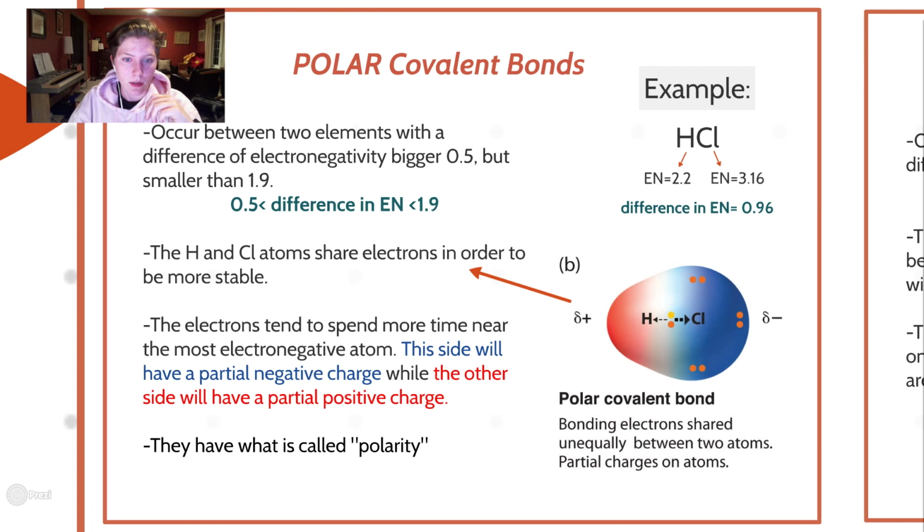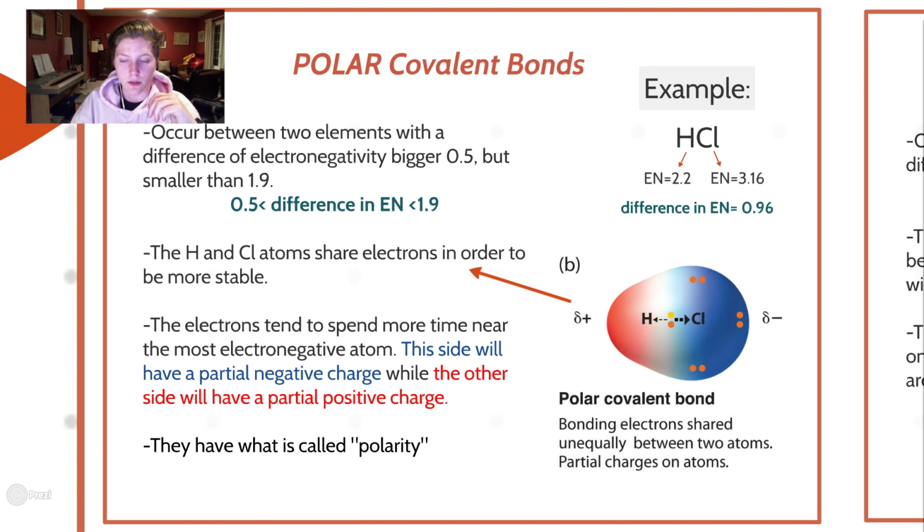So they share electrons. H gives 1 electron, Cl gives 1 electron, so that they both have 2. So H has 2, Cl now has 8. And that will be a full electron shell for Cl, 8, and for H it's 2. That's all it needs in order to be stable. So now it's stable with a partial positive side and a partial negative side.